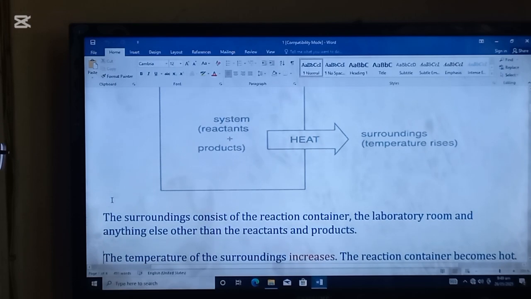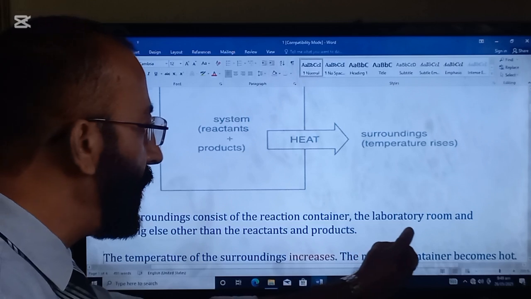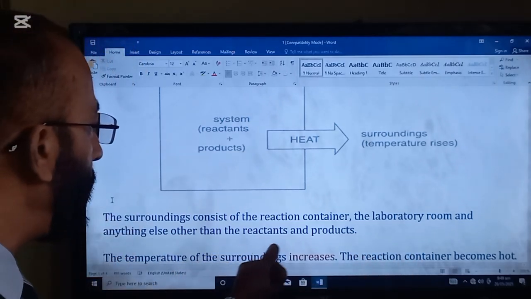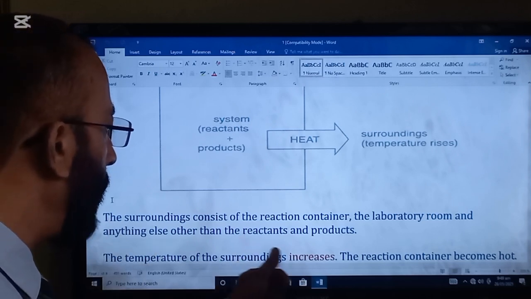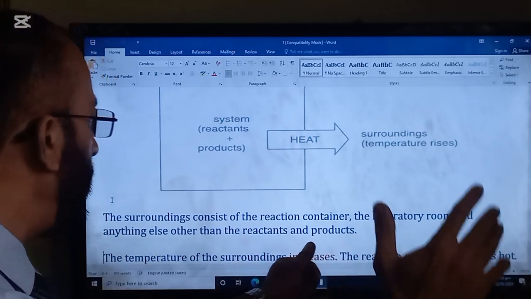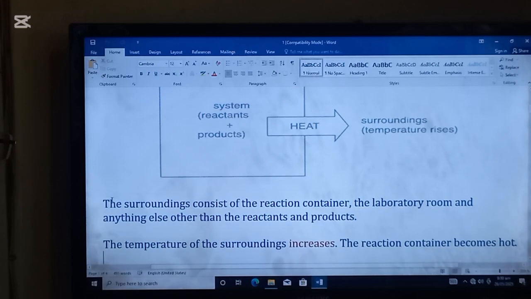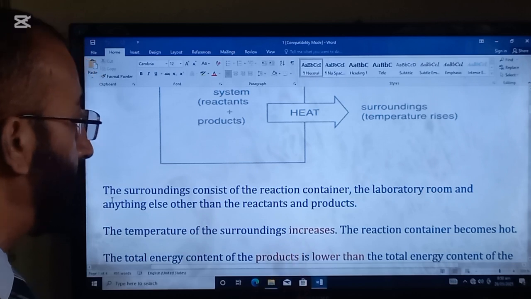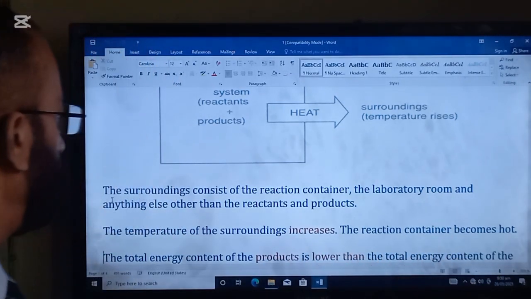The surroundings consist of the reaction container, the laboratory room, and anything else other than the reactants and products. So in short, other than the reactants and products, everything is called surroundings. The temperature of the surroundings increases. The reaction container becomes hot.